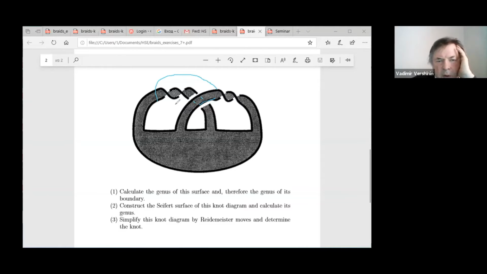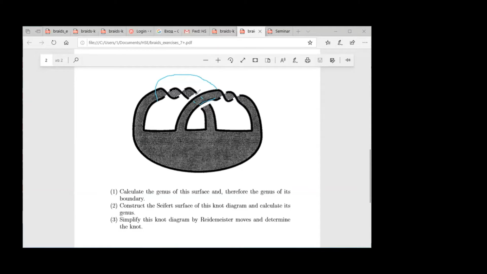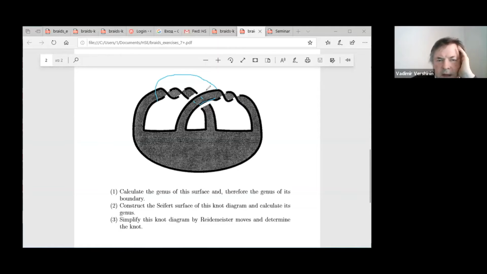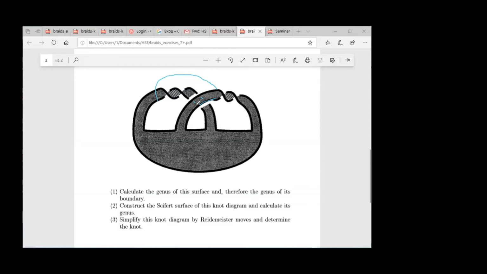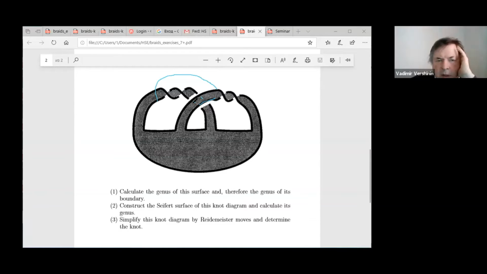So what is the rest now? See this line, starting from this point. It is always overcrossing, right? And because this is absent, there is no line here anymore. So this stuff is always overcrossing.